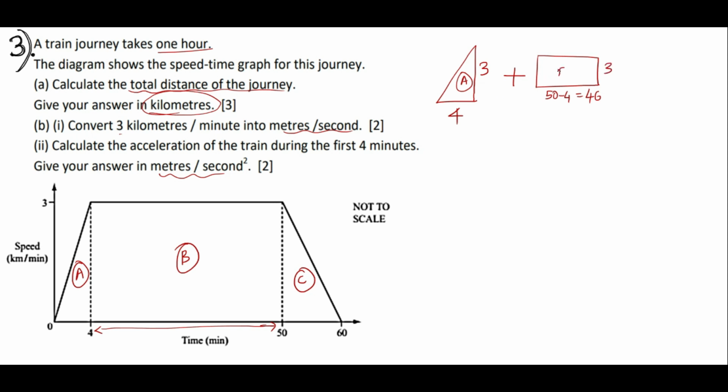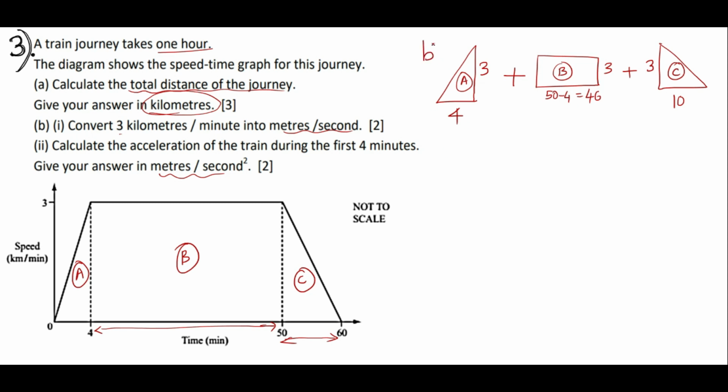So this is my rectangle, which is my second shape, and moving on to the last triangle, which is, if you check here, it's 60 minus 50, so it's 10, which is the base, and the height is again 3.